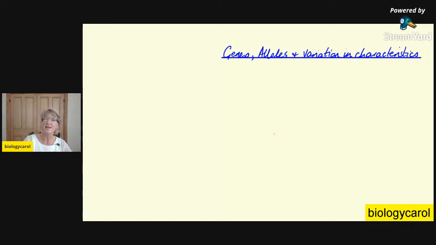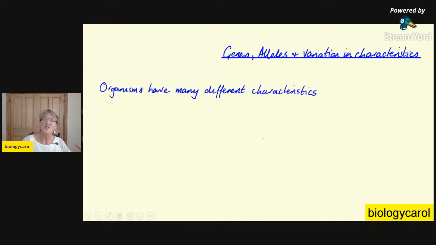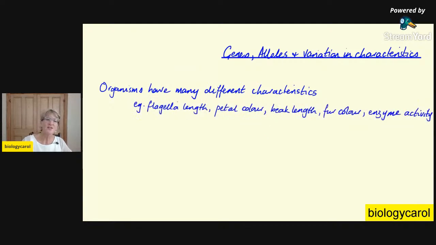And finally, let's look at the relationship between genes, alleles, and variations in characteristics. Organisms, all organisms, have so many different characteristics. In bacteria, there might be a difference in flagella length. In plants, there might be a difference in petal colour. In birds, a difference in beak length.